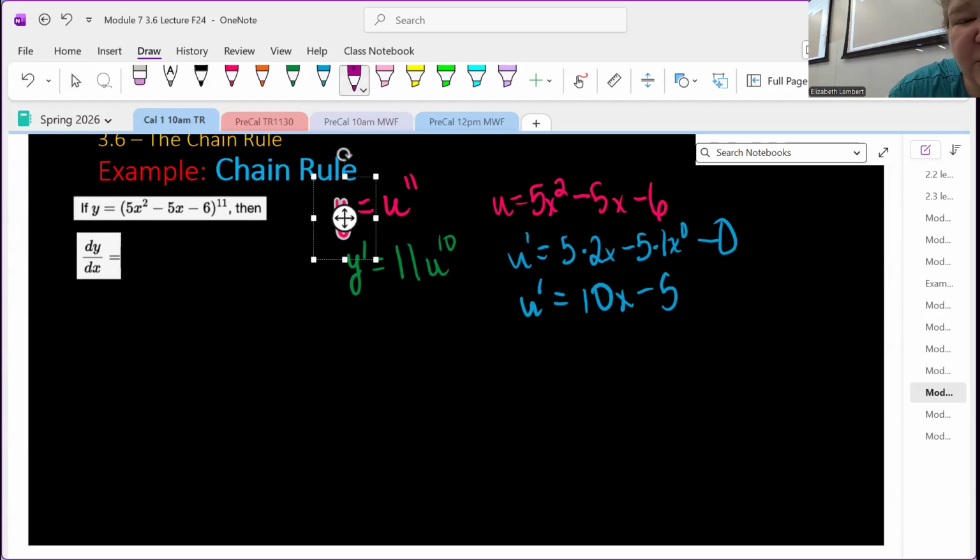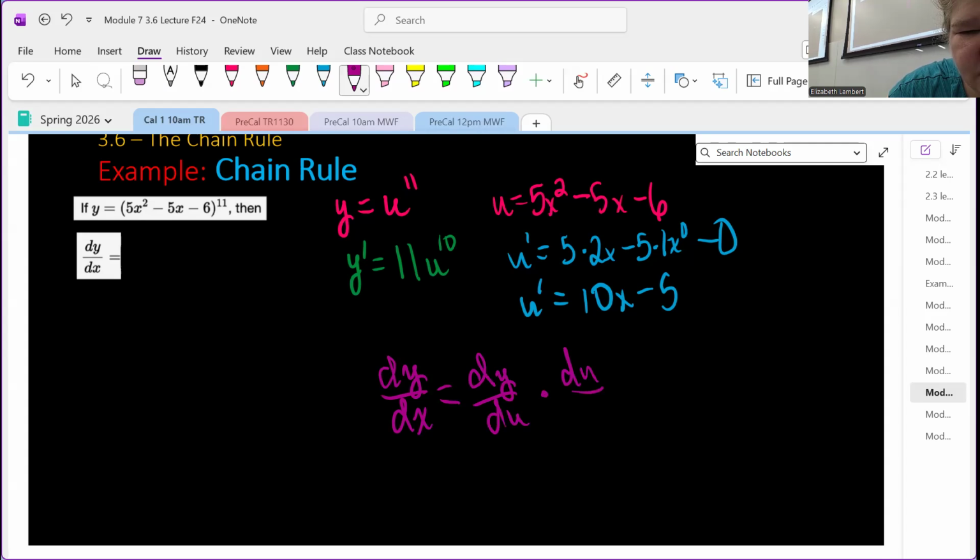So then our final derivative, our derivative of y with respect to x, is dy du, which is what we found first with the y prime, times du dx.